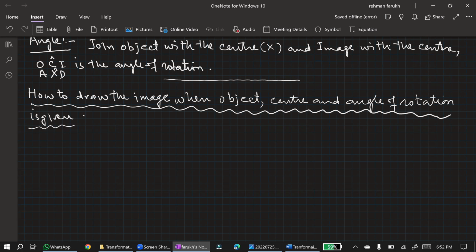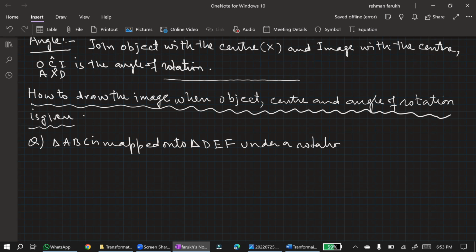The question is, triangle ABC is mapped onto triangle DEF under a rotation of 90 degrees anti-clockwise.